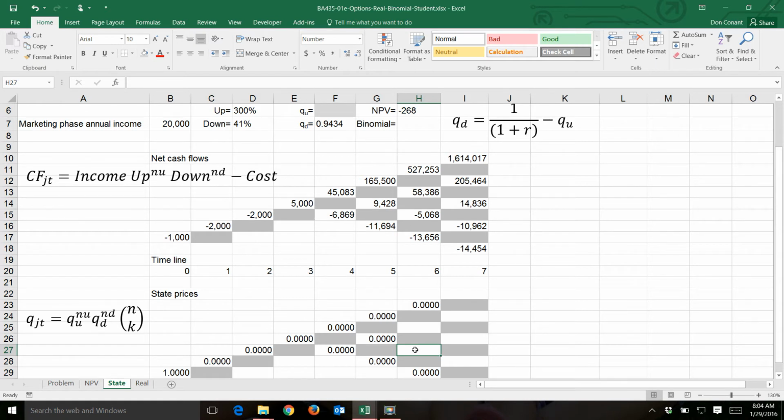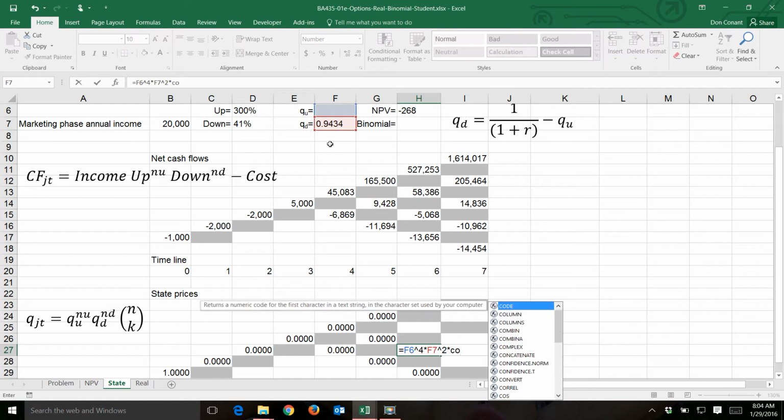So let's go ahead and complete that. We have the upstate. We had 4 to get to here, times for the downstate, we had 2 to get to here, times combin.